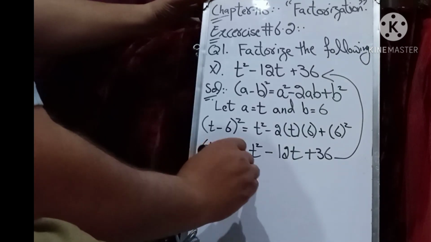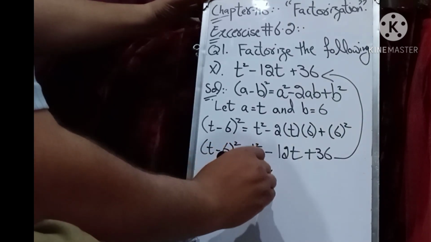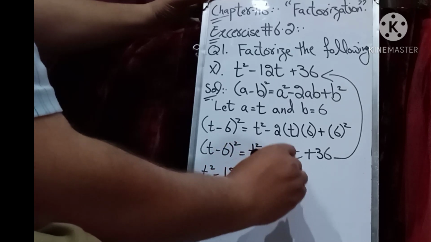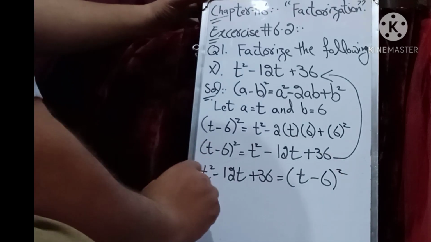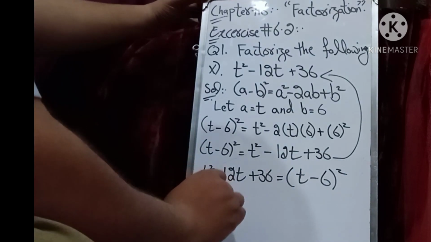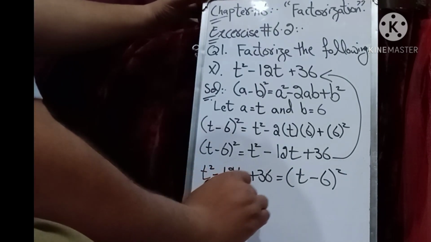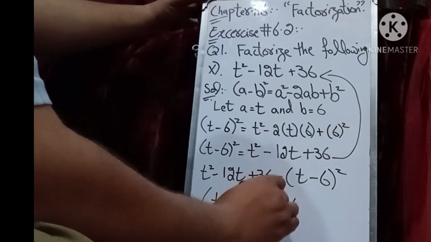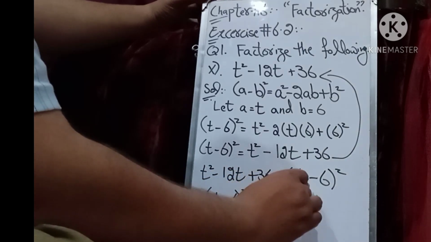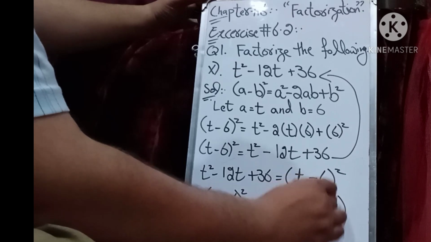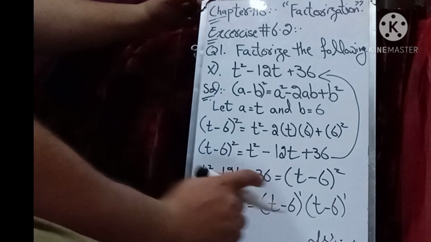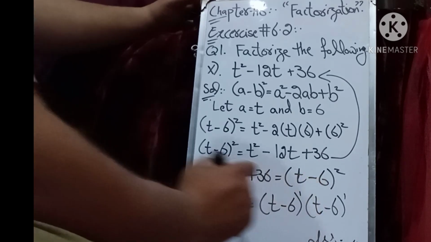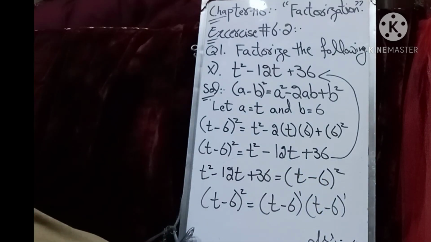So you can write (t minus 6) whole square instead of t square minus 12t plus 36. So (t minus 6) whole square is equal to (t minus 6) into (t minus 6), which is our required answer.